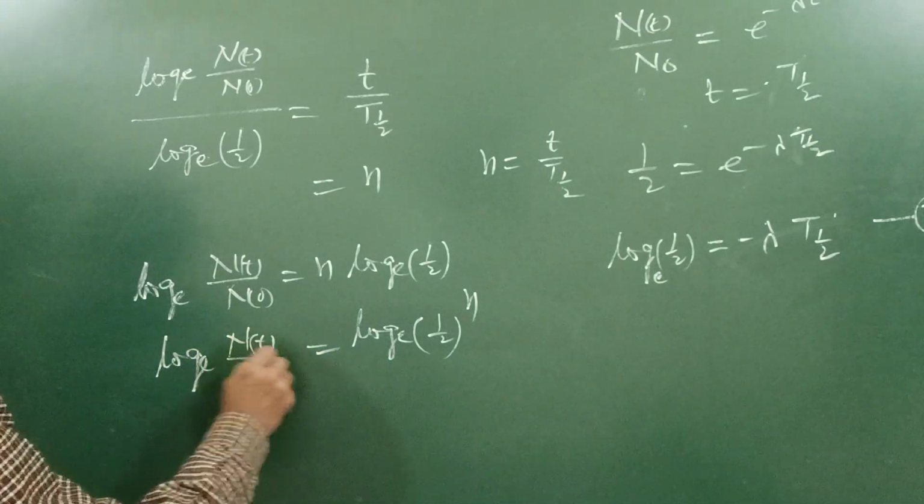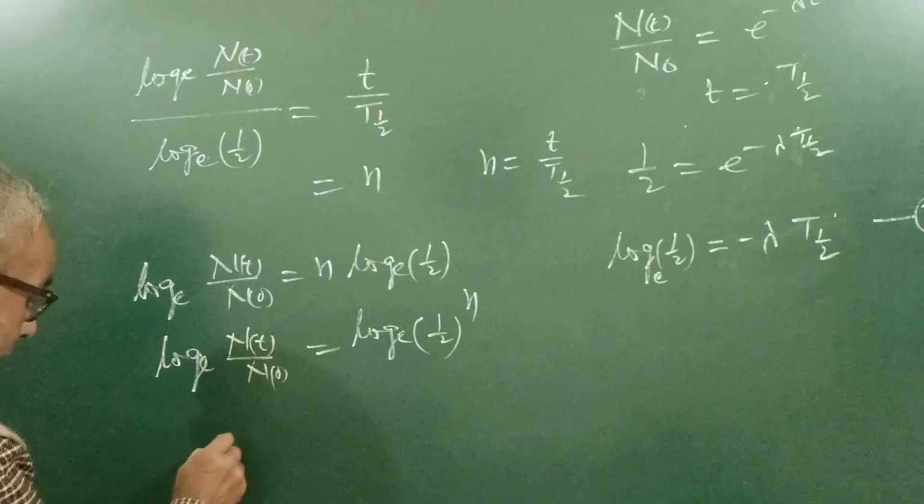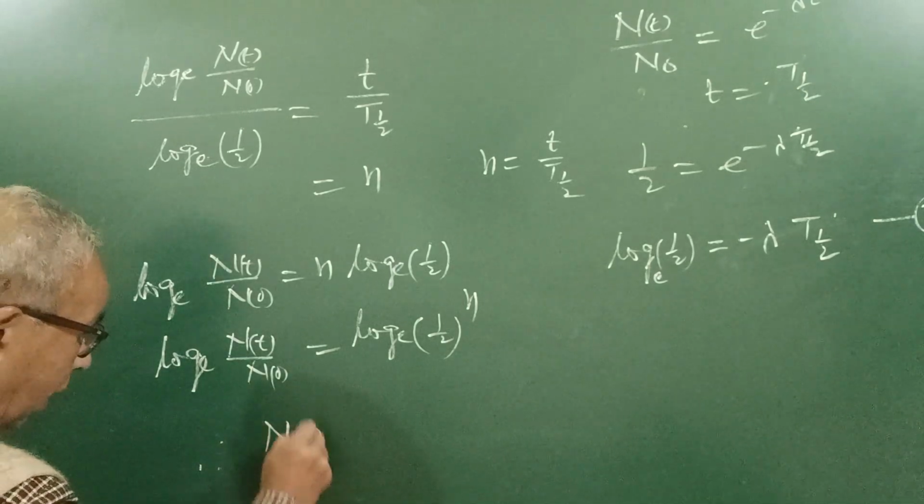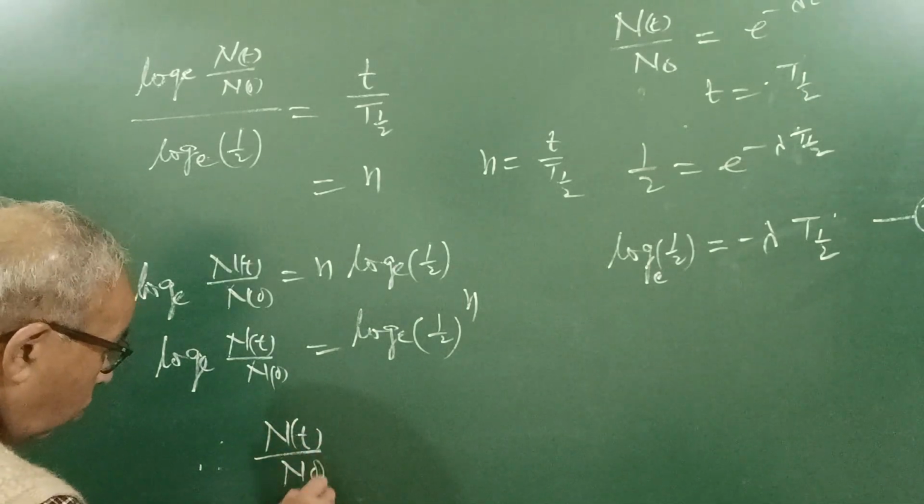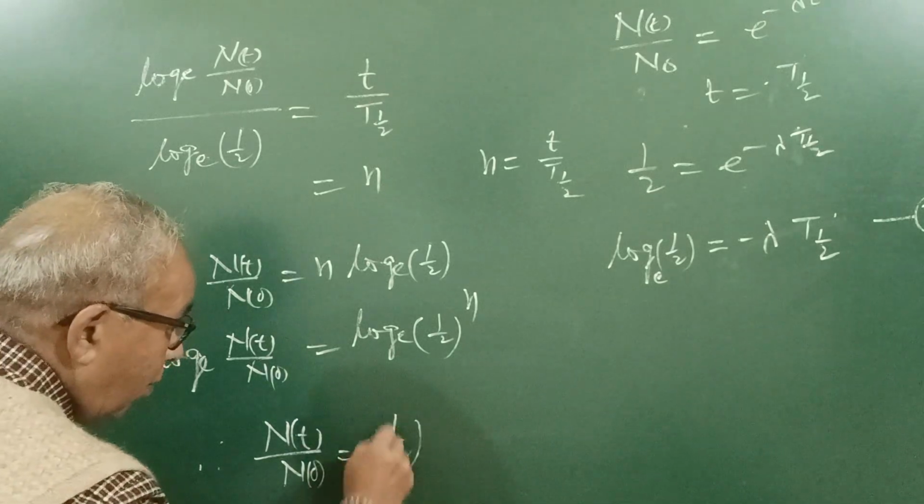What does it mean? And hence Nt upon N0 is 1 upon 2 to the power n.